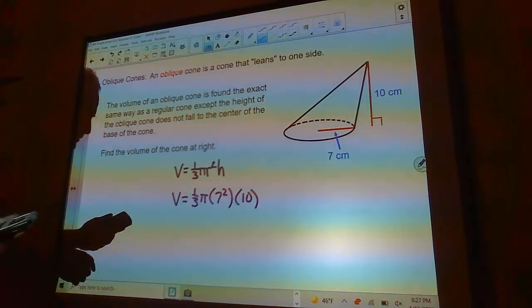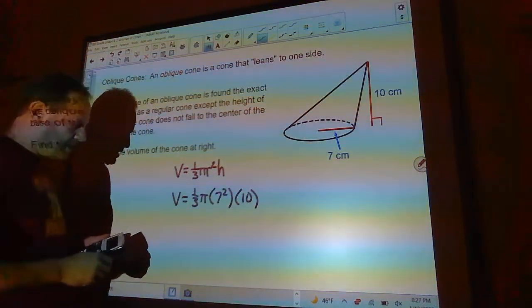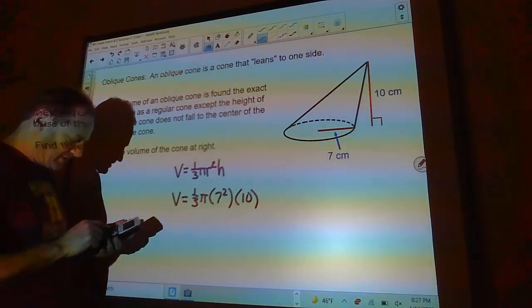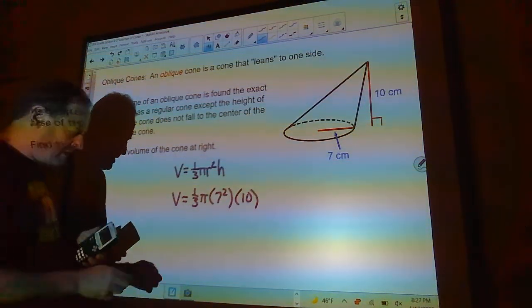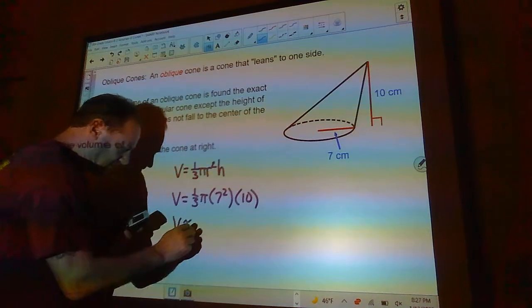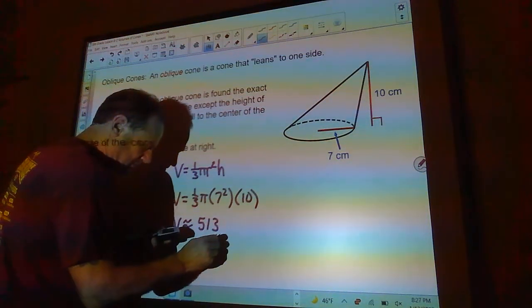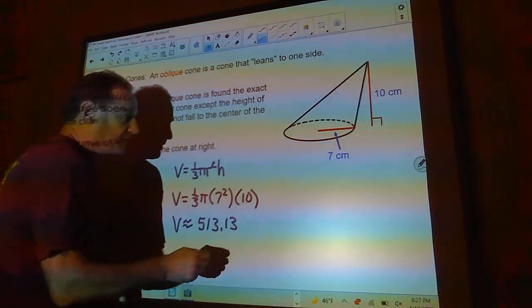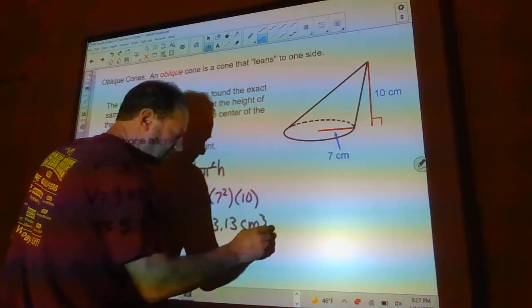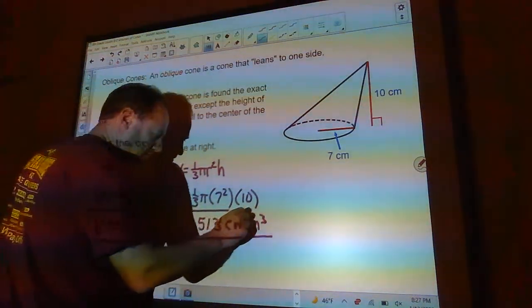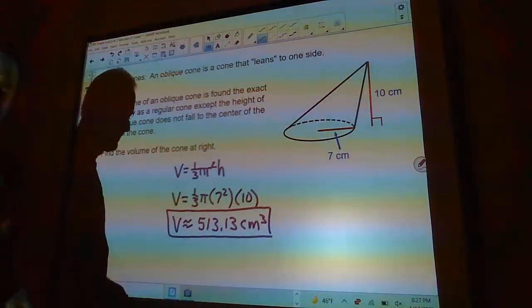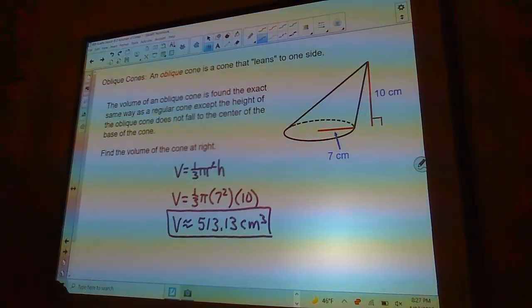That's 163.3 repeating times pi, so we're just going to go times pi. So the volume is going to be approximately 513.13 cubic centimeters. So not real difficult.